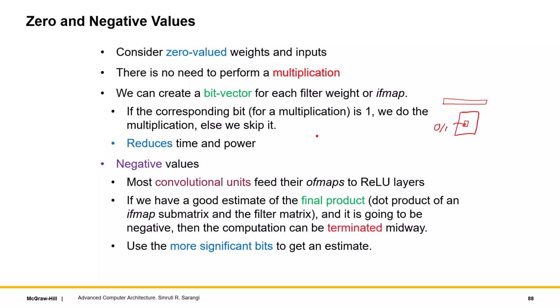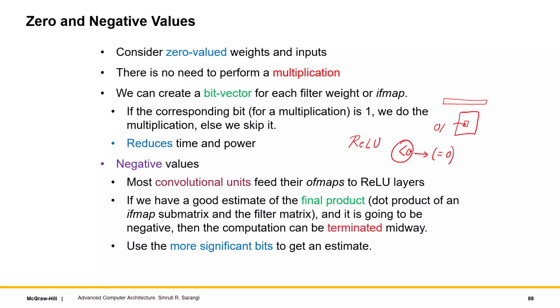This reduces time and power, and having zero valued weights or inputs is common because the ReLU process produces them. The moment you have negative valued outputs in an OF map, anything less than 0 becomes equal to 0 by the ReLU process.